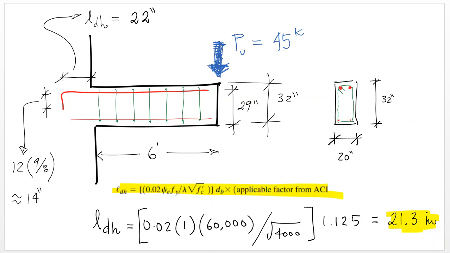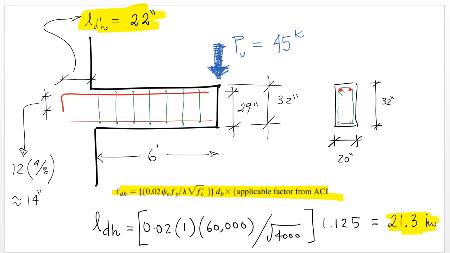We need to round up to 22, and so we get 22 inches of straight development plus a hook 12 times the diameter of the bar, which gives us approximately 14 inches, and this will be the setup for a hooked developed bar in this design problem.